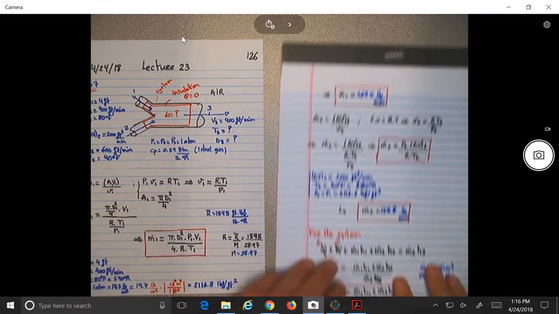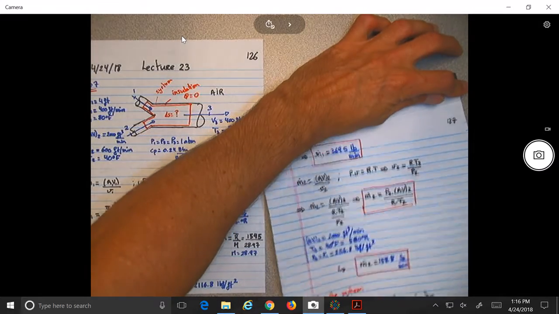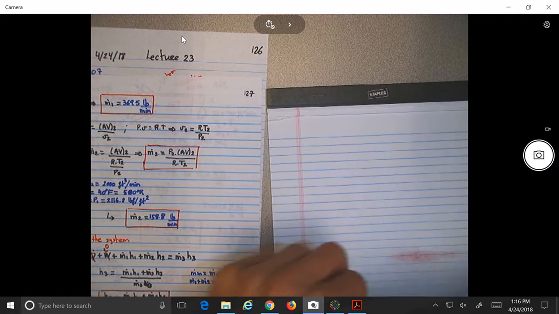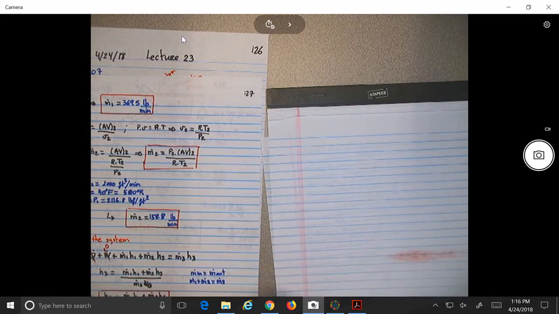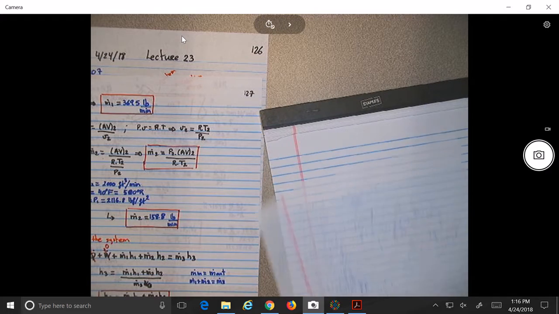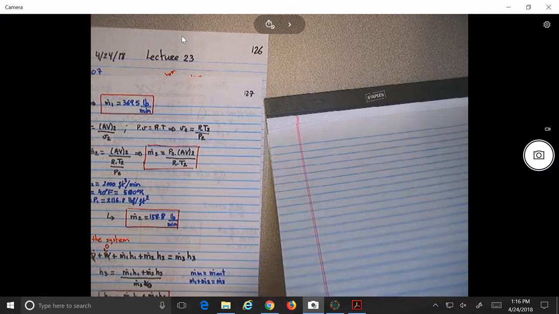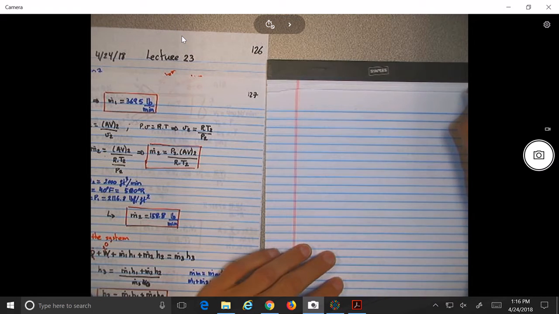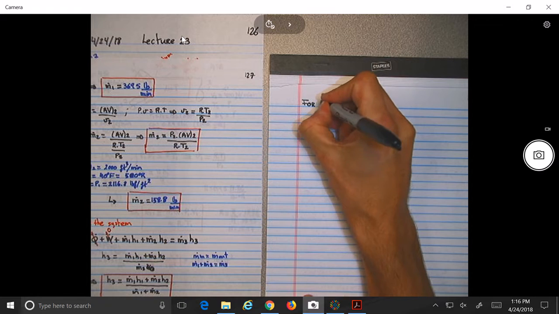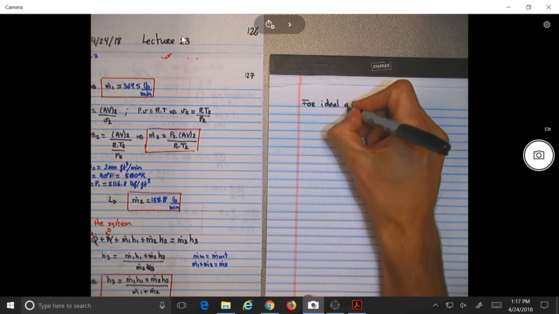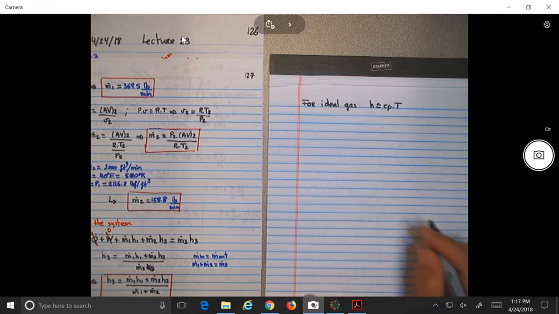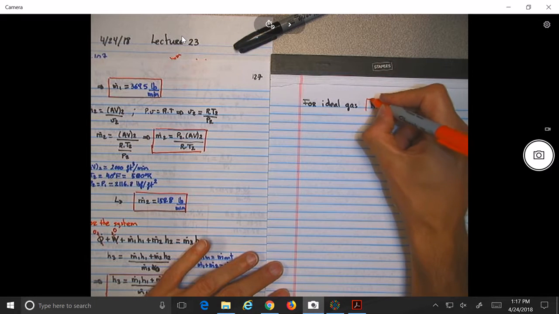Okay, so we can write down, for ideal gas, we know that H is basically equal to CPT.